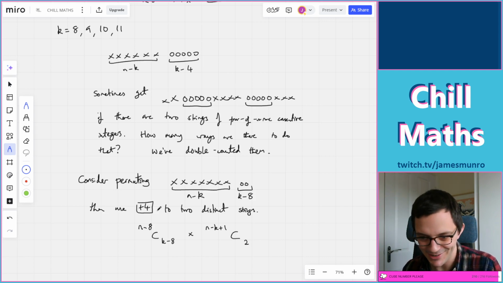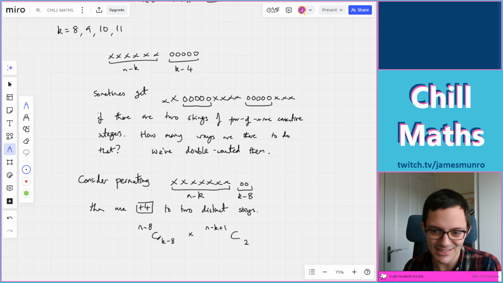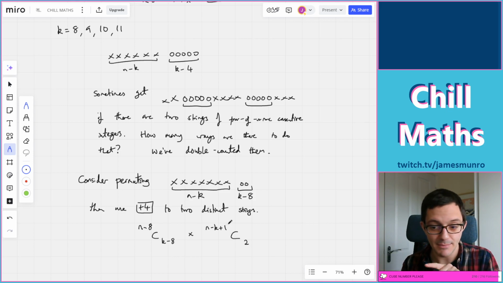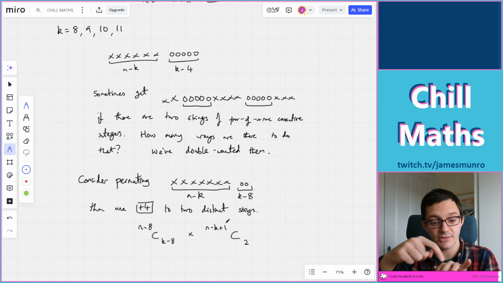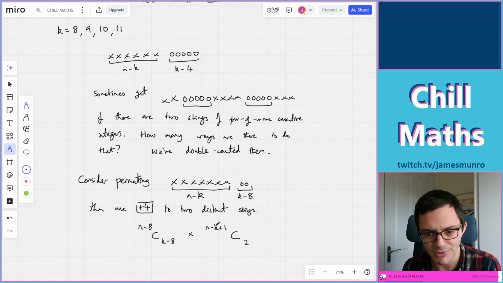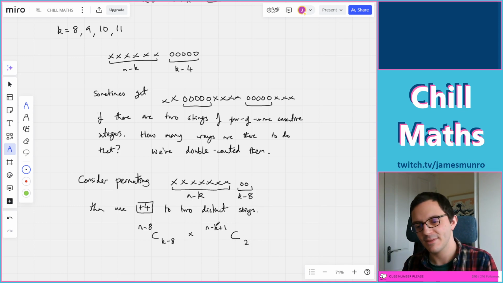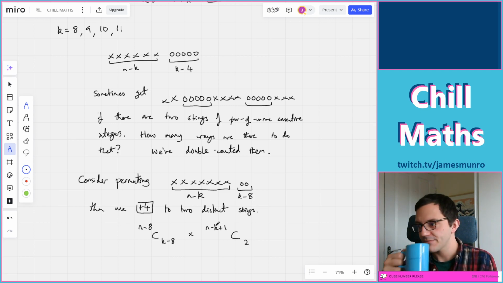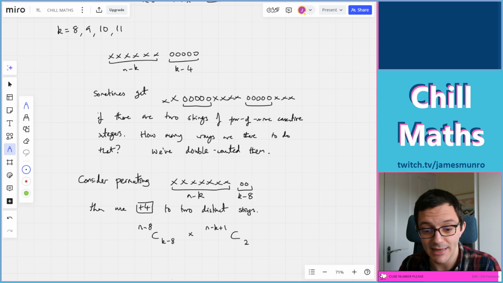It looks good as well, right? Here's the permuting the X's and O's, and then here's the bit where you choose where to play your plus 4 cards. The n-k plus 1 is the number of places where you can play a card, the number of strings either between 2 X's or at the very front or at the very end. And we're choosing 2 of them because we want to make 2 long strings. This fixes things up to 11.